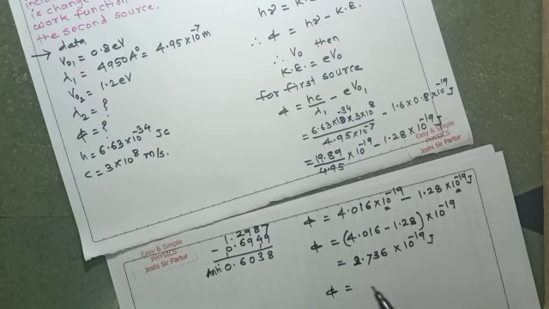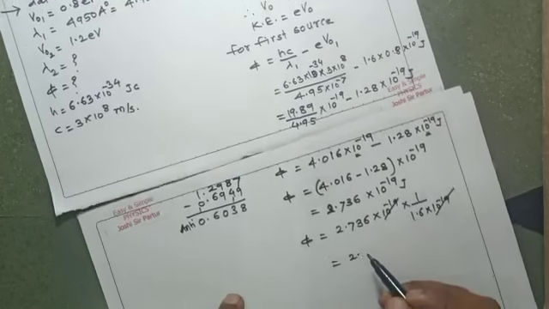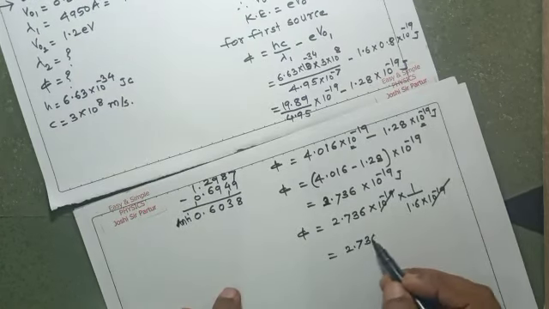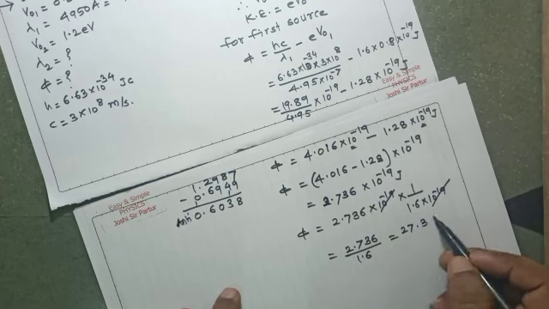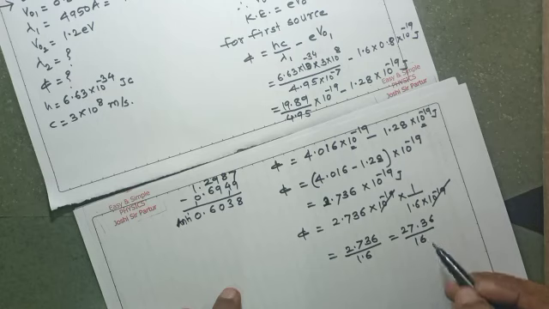So phi in electron volt will be 2.736 into 10 raised to minus 19 into 1 upon 1.6 into 10 raised to minus 19. 10 raised to minus 19 gets cancelled. So 2.736 upon 1.6, that is 27.36 upon 16.